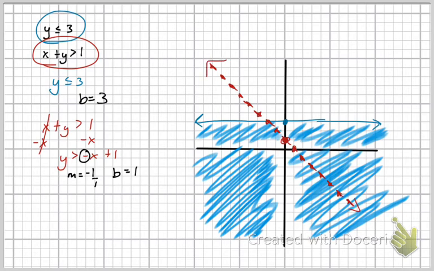On this dashed line, I know it needs to be greater than that, so I need to be above it. I'm going to shade in all that area that's above that red line.